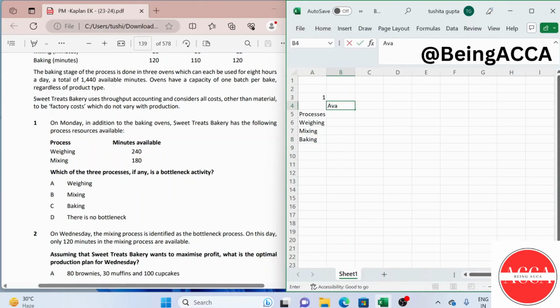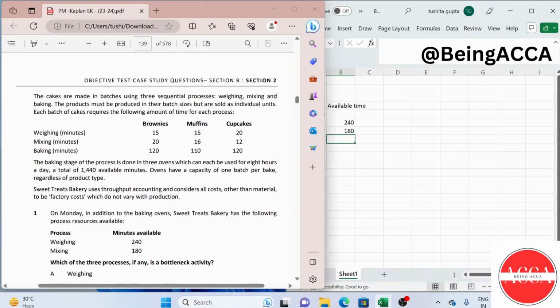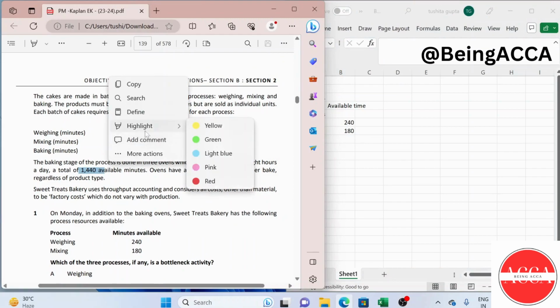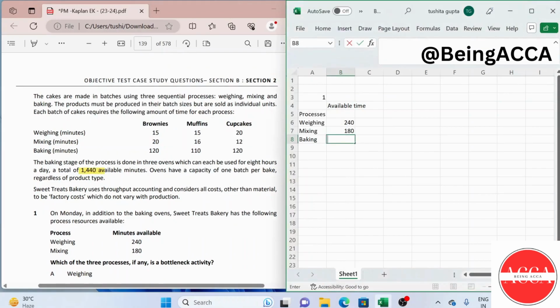The available time given in the question is in minutes: 240 minutes for weighing, 180 minutes for mixing, and 1440 minutes for baking. So I'm just going to put these values over here.